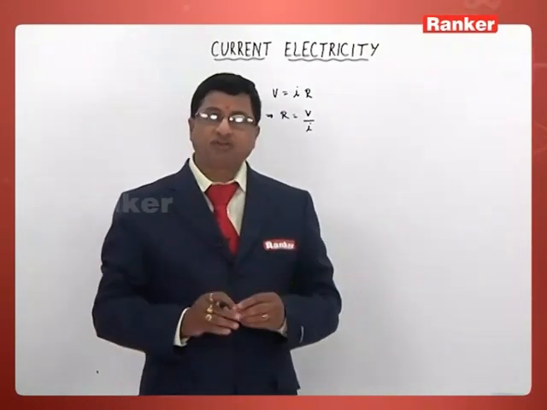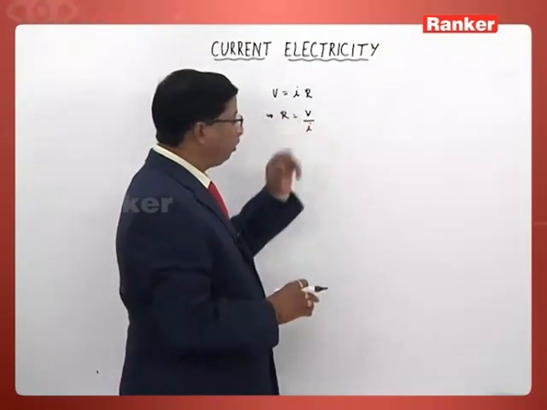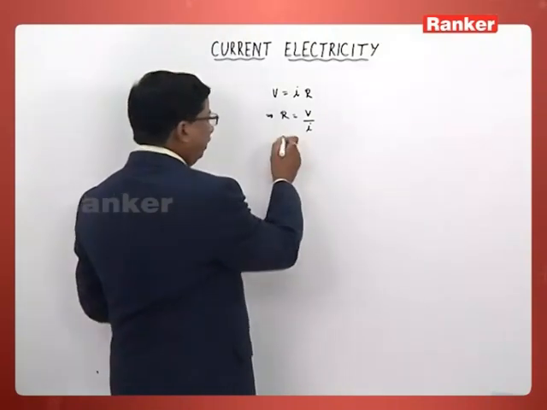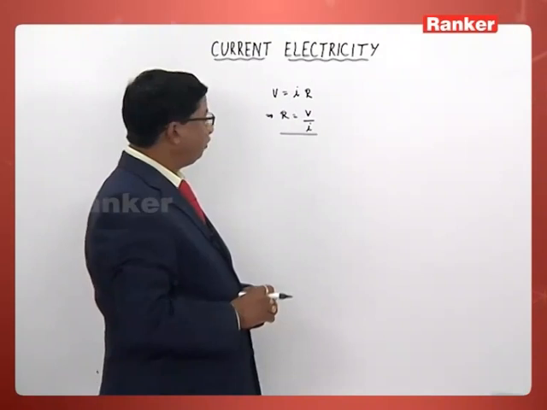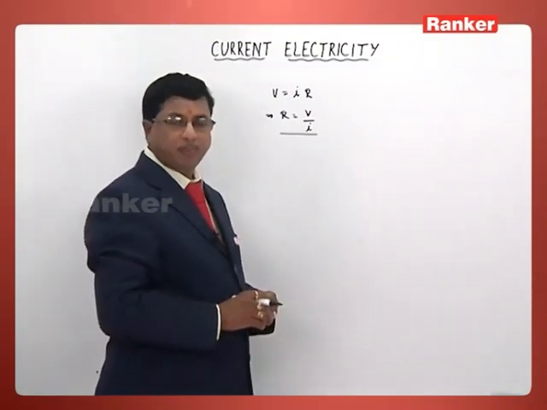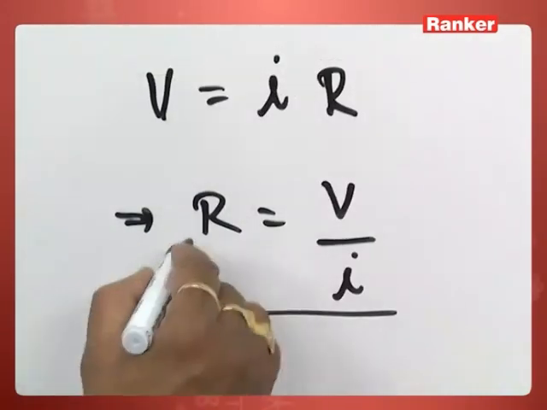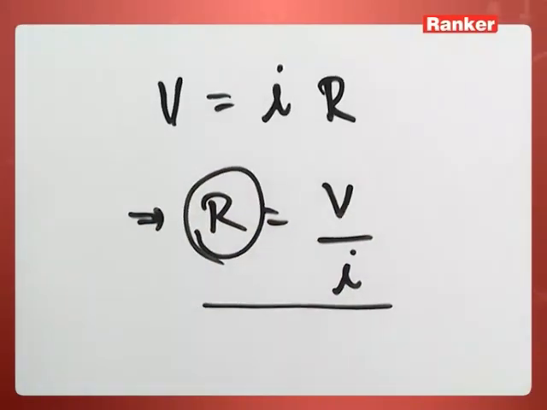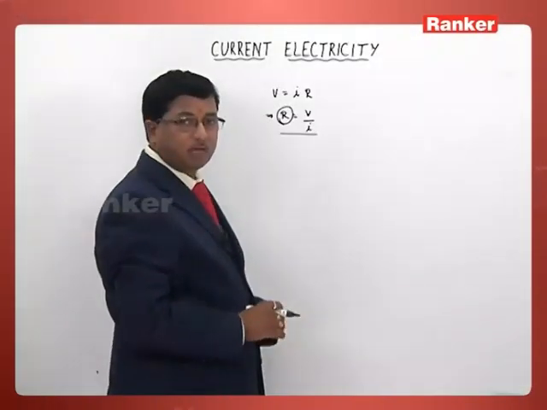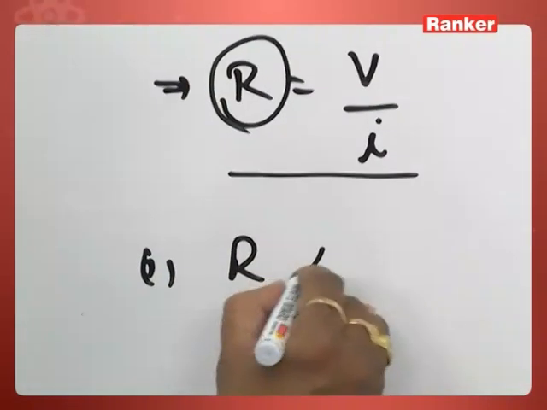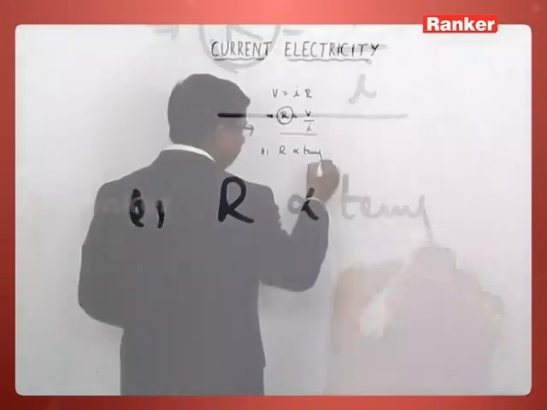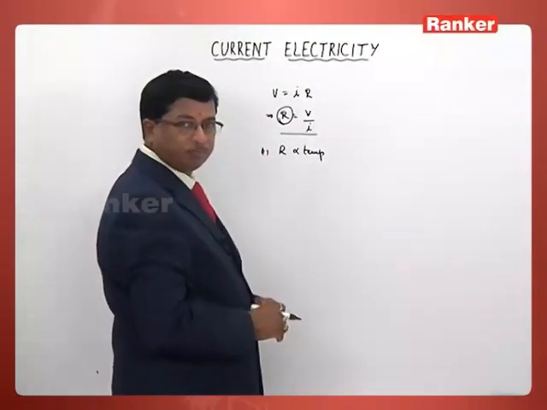The aspects we are talking about under Ohm's law, we can directly estimate and explain by taking the equation R is equal to V by I. Based on that, we calculate how the resistance varies. In fact, resistance is directly proportional to the temperature of the conductor.